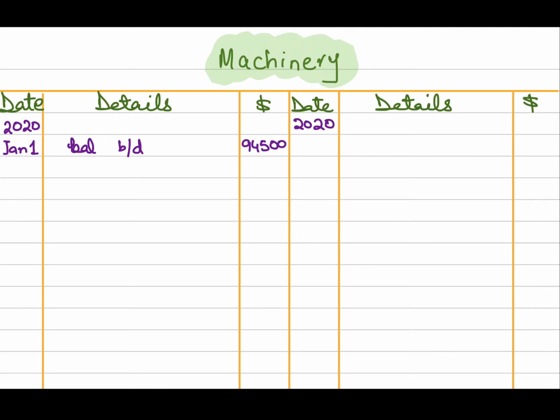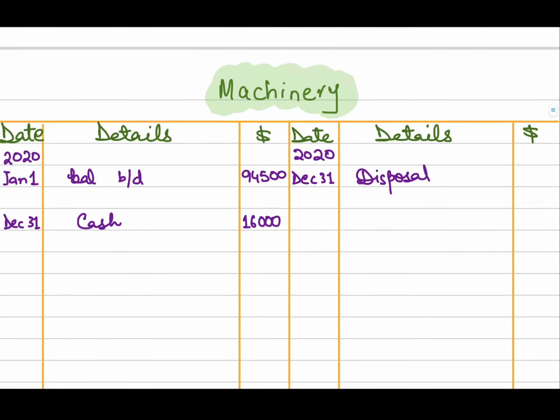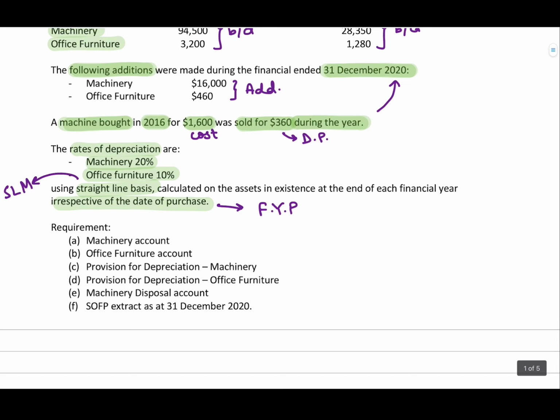Then during the year, let's suppose December 31st, we are purchasing additional machinery through cash, the price of which is $16,000, and there is a disposal during the year as well. Let's assume a December 31st disposal. The cost of this disposal is $1,600.